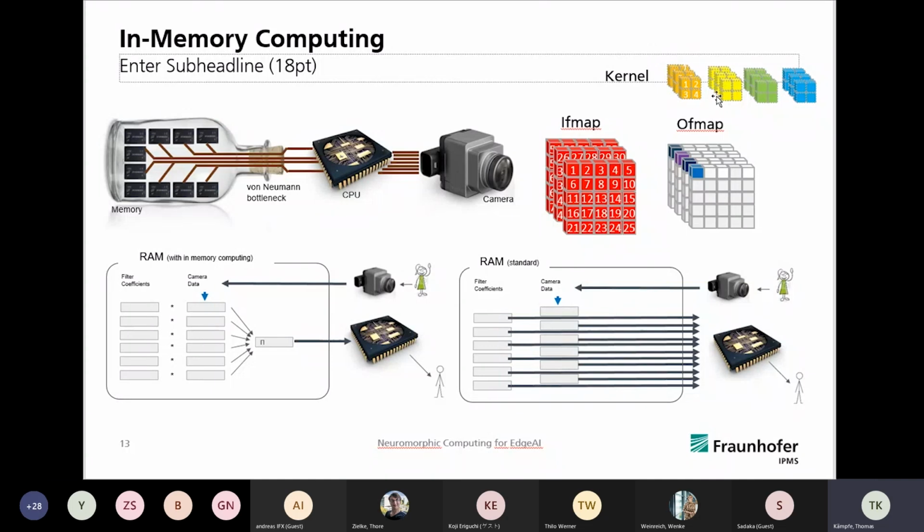We have kernels, which are describing the convolutional operations, and we run all the convolutions over the input feature map, over this RGB image, and get a convolution output at every pixel, which we call the output feature map, and do these convolutional operations for every pixel, and that's basically what is needed for one convolutional operation.